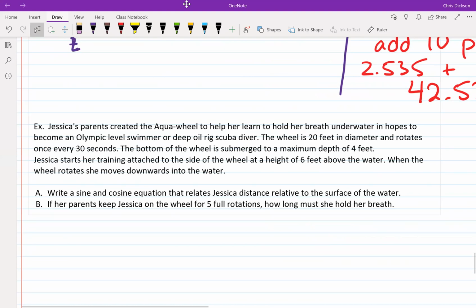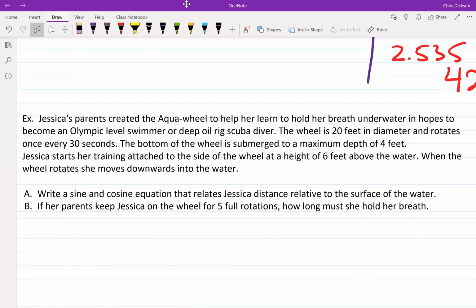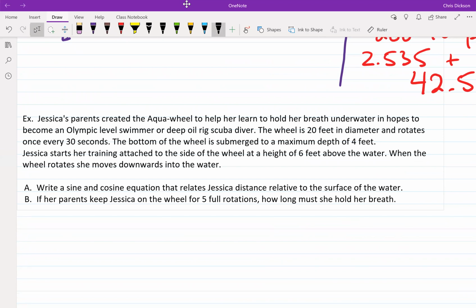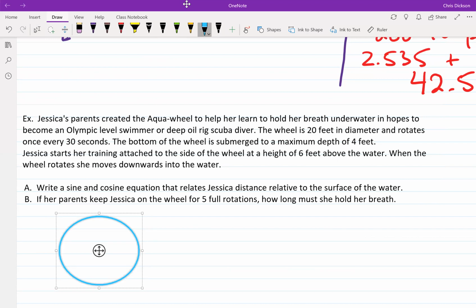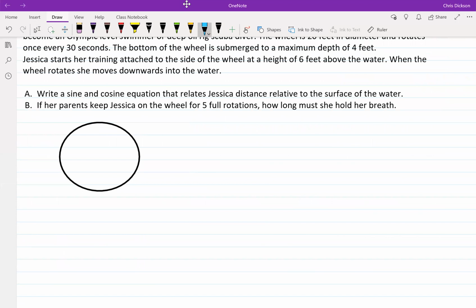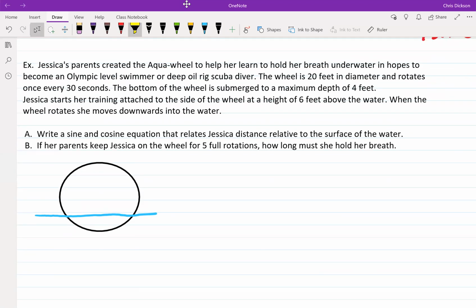Okay, so our next question here, not maybe as many steps to it, but still kind of a tricky question. So we've got a wheel here, and it's just kind of a silly question, but we have this wheel, and the bottom of the wheel is actually submerged in water. Boy, I'm having a hard time getting rid of that. There we go. So we've got this water, and it's submerged in water in such a way that the maximum depth, it says, is 4 feet below.